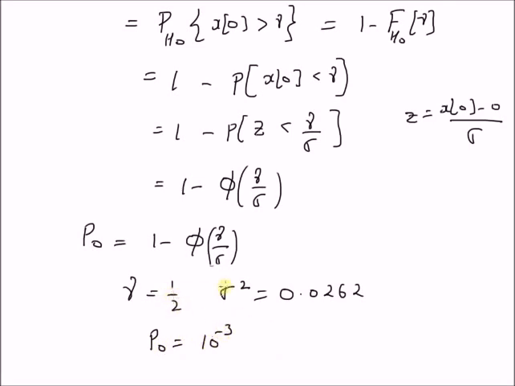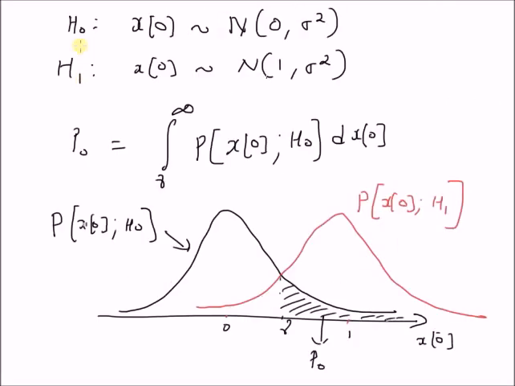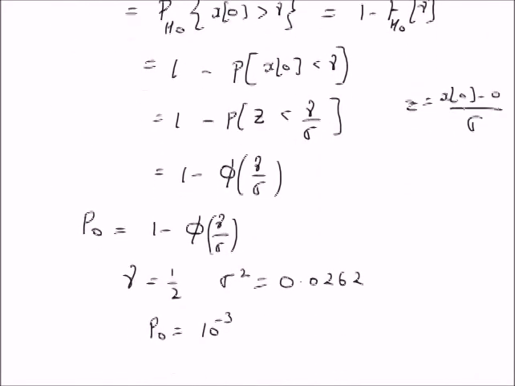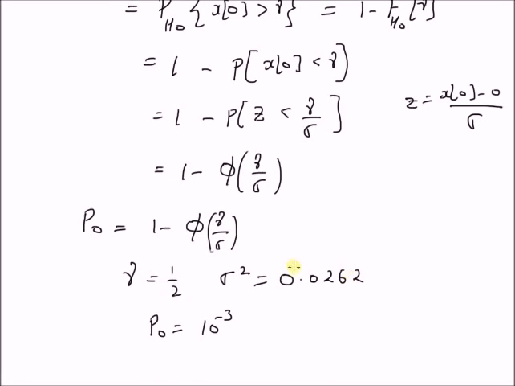That is, when H0 is a normal distribution with mean 0 and variance sigma square, and H1, the alternate hypothesis, has a distribution with mean 1 and variance sigma square, for sigma square equal to 0.0262, the probability of making a wrong decision is 10 power minus 3.